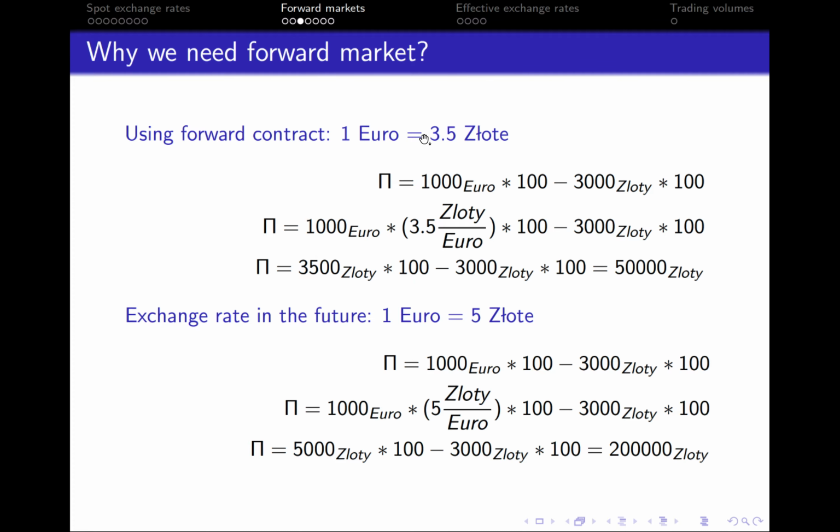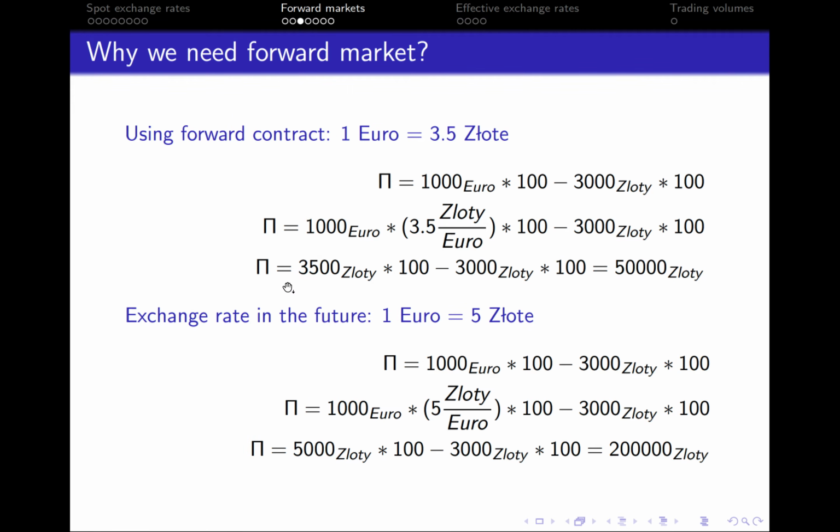Look, of course, now none of the speculators are going to do this for free. You will have to pay for the privilege of getting zloty for €1 at this particular exchange rate. But is this profitable? Well, let's see. Look, in this case we see that the profit function did not change, but now we have this fixed exchange rate, at which we're going to be able to obtain zloty for euro.